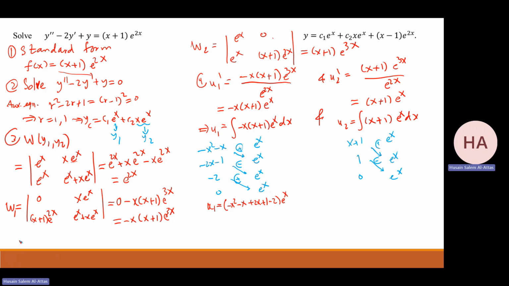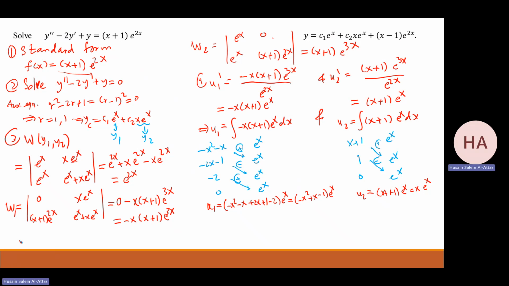All of this times e to the x, which is what? Minus x squared plus x minus 1 times e to the x. What is u2? u2 will be x plus 1 minus 1 e to the power x, which is x e to the power x.